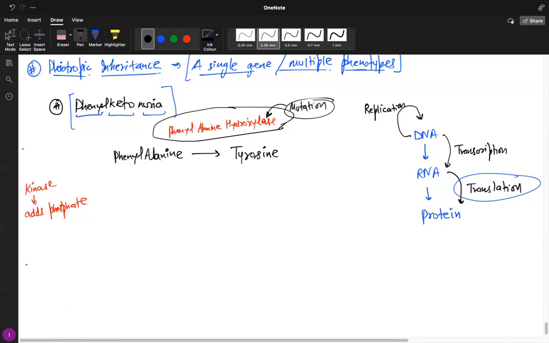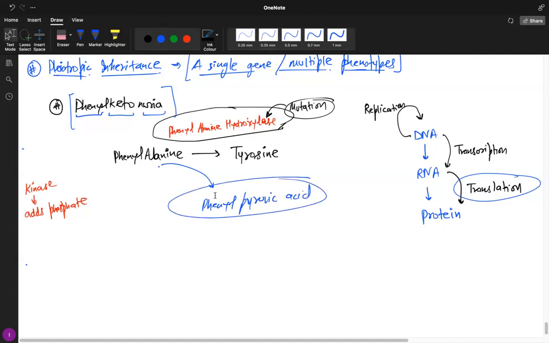So if this enzyme is not working, then phenylalanine, instead of becoming tyrosine, will become phenylpyruvic acid. And anything in the acidic form in the body, in the cells, is not good, right? And this phenylpyruvic acid can start showing a lot of problems. It gets into the brain and causes mental retardation.